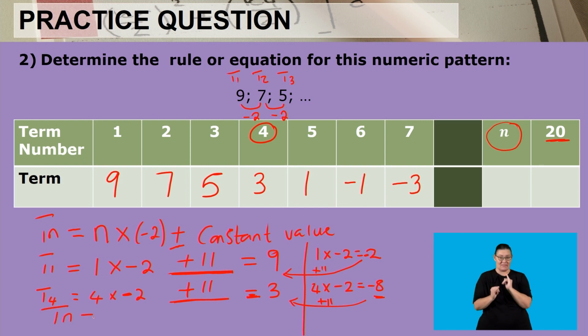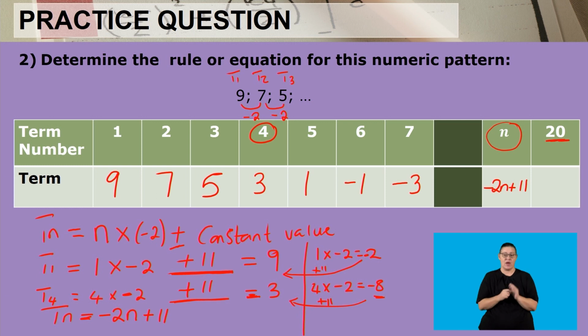It means our rule is that term number, or the constant difference rather, multiplied by that term number, and we are going to add an 11. So that is going to be our rule there, a negative 2n plus 11. So what is the answer going to be for our 20th term?